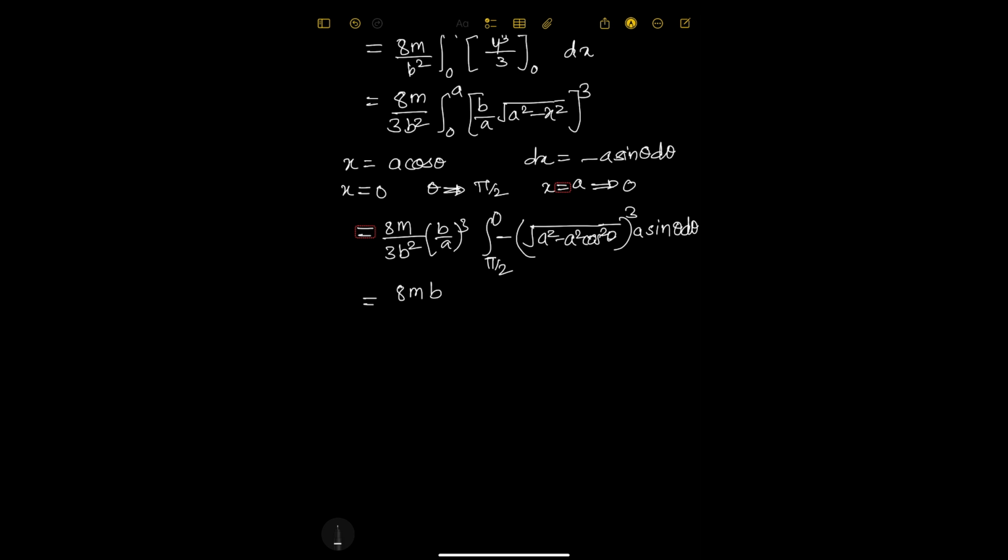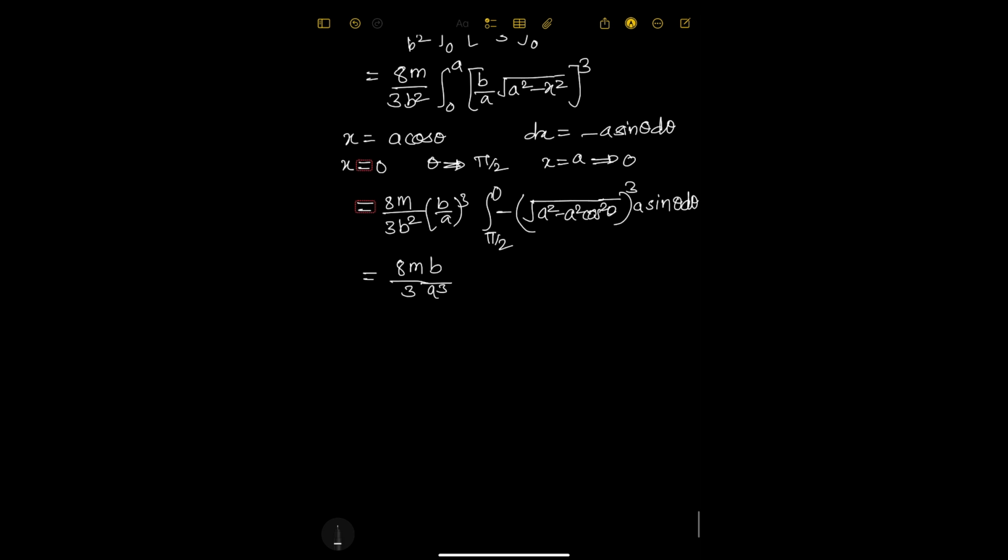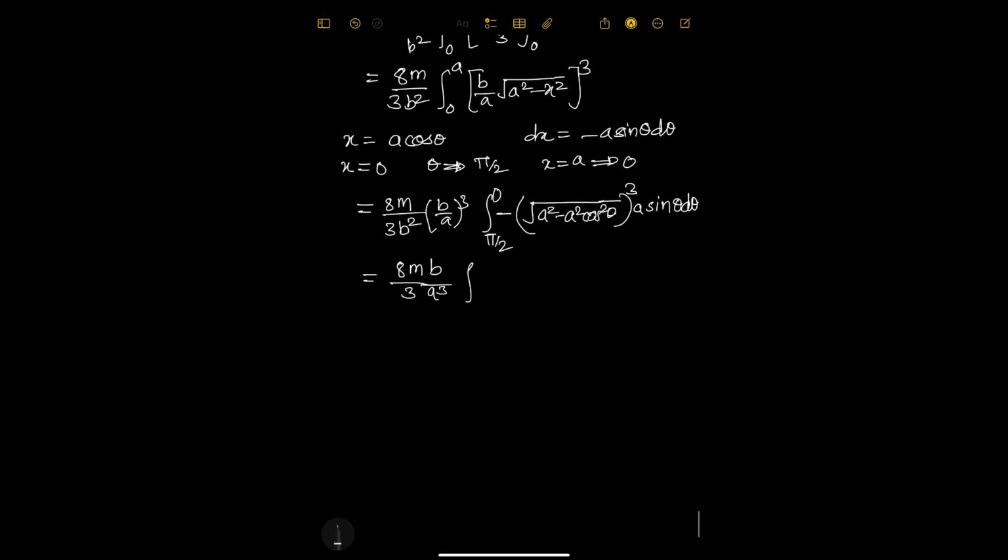Let m b by 3 a cube. So 0 to pi by 2, this becomes positive. a sin theta cube into a sin theta d theta.